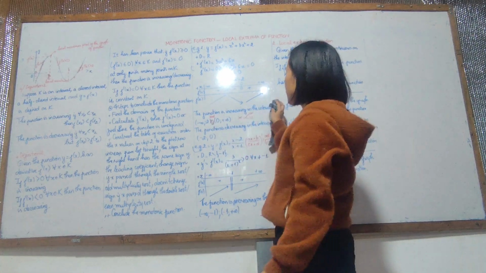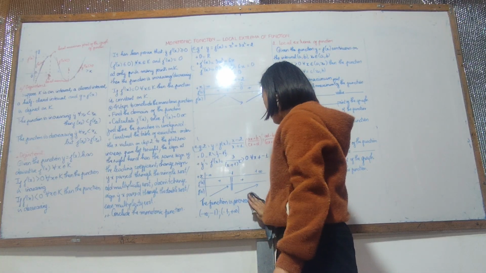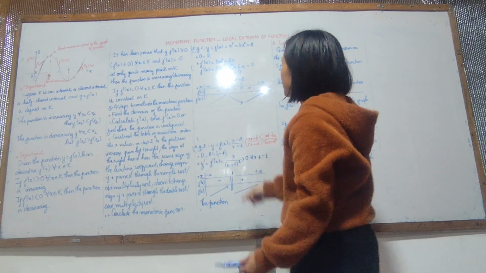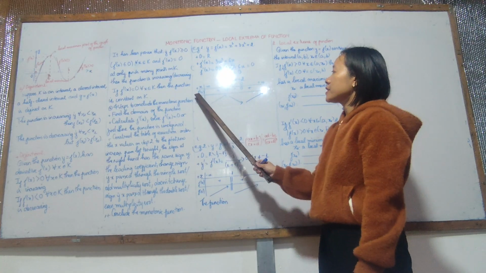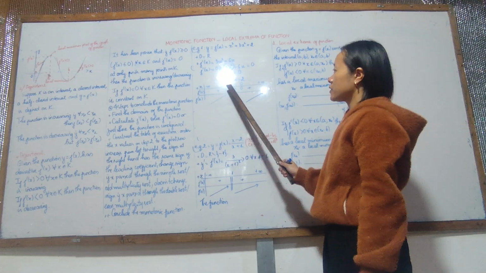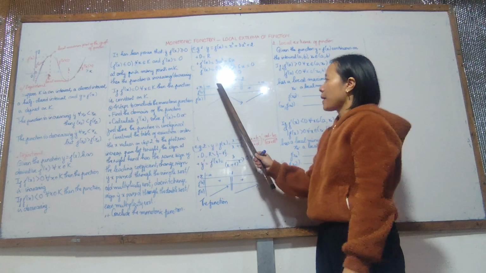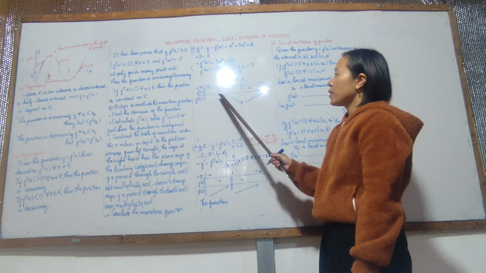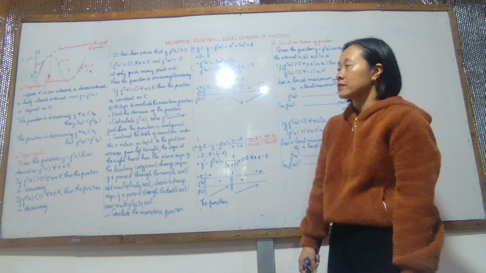In the 4th step, we will change this. Okay. If the derivative changes sign from positive to negative or negative to positive when x passes through x0, we will call it a local extrema of the function.